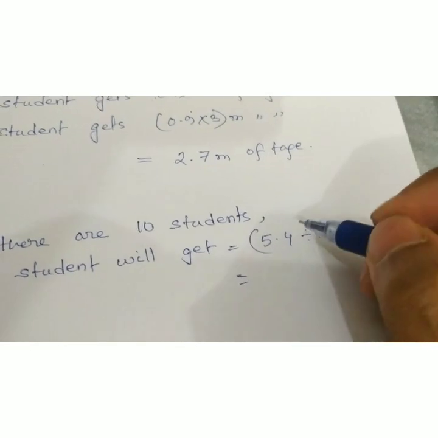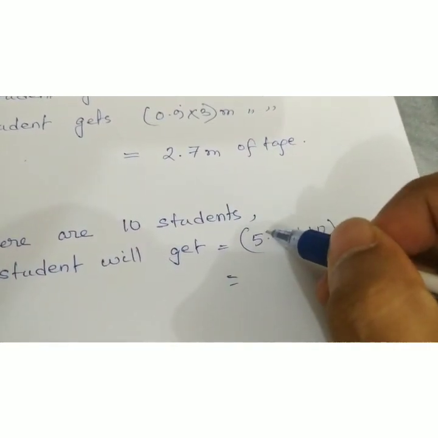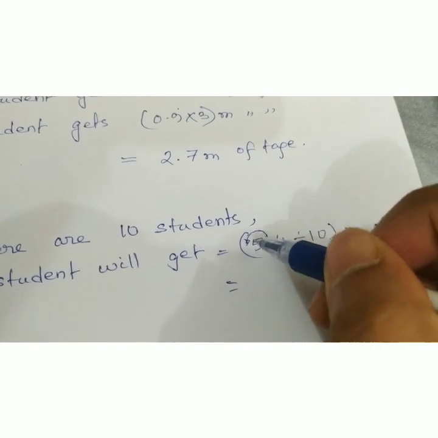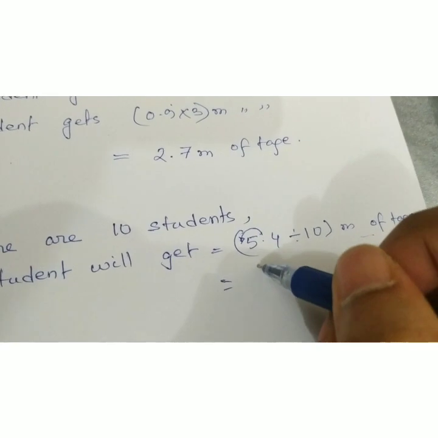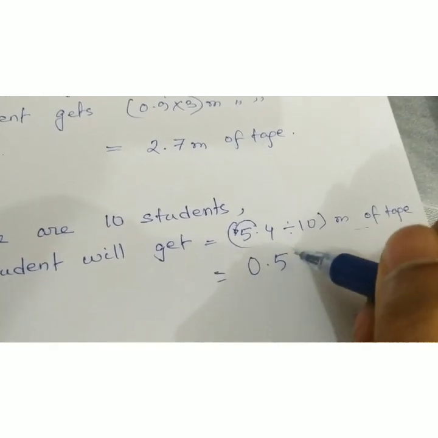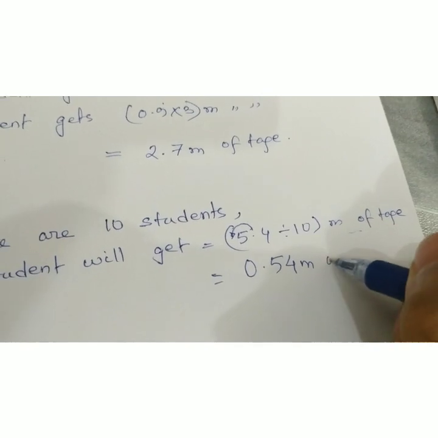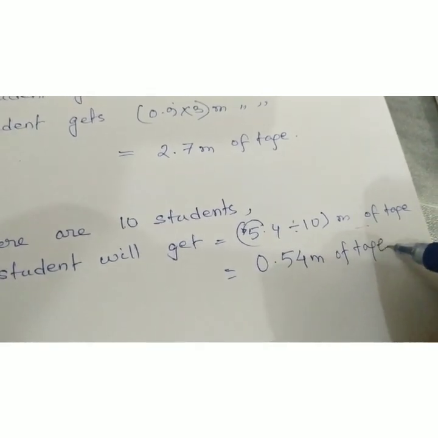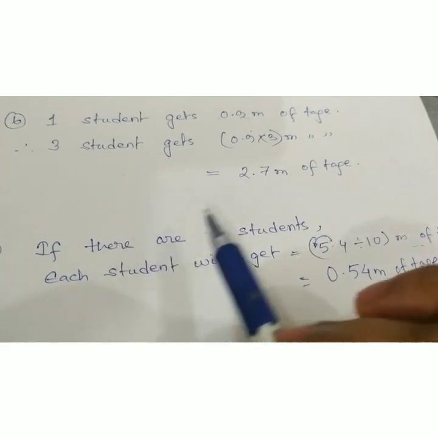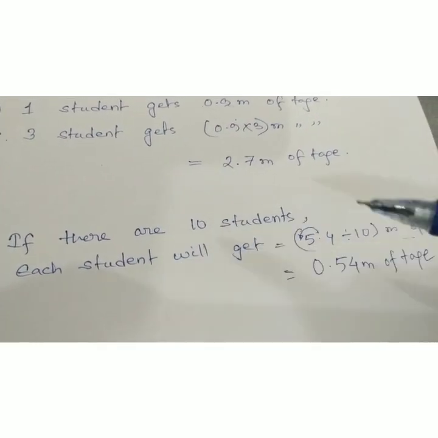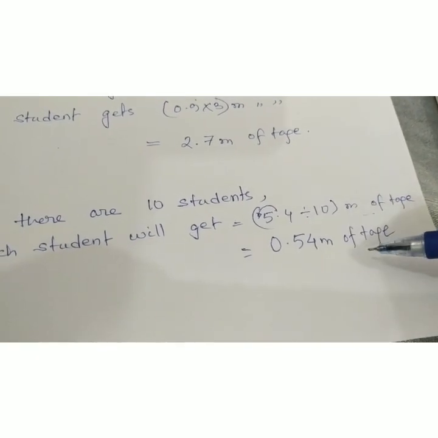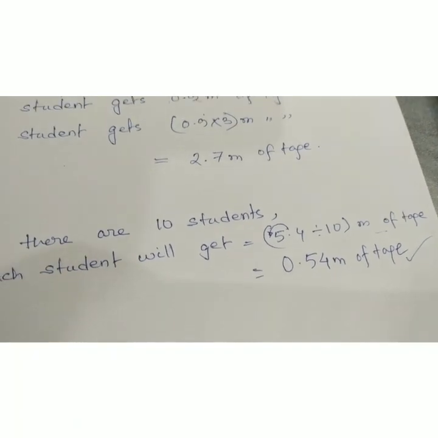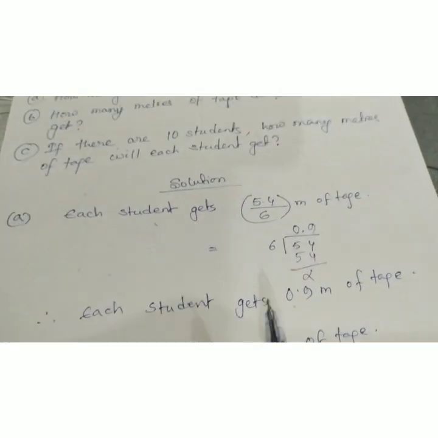Since we are dividing by 10, the point goes one step back, and we need to write a 0 over here, so it becomes 0.54 meter of tape. So instead of 6 students, if there are 10 students, each student will get 0.54 meter of tape. This is the solution to this particular question.